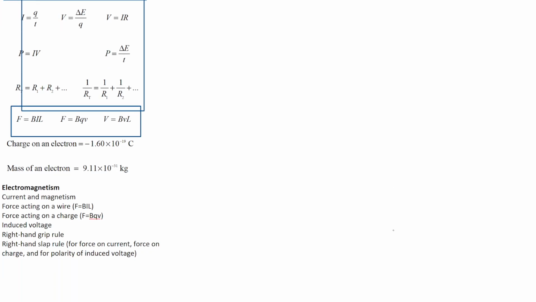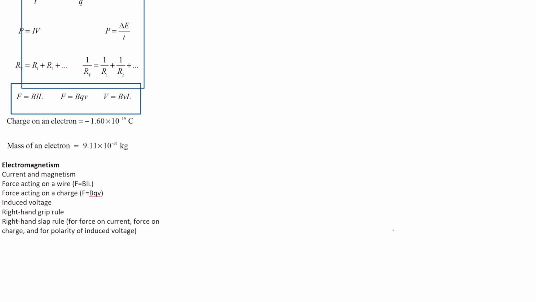So the main topics, again disclaimer, not all of the topics, but the main topics within electromagnetism are current and magnetism, and how they're related through the right hand grip rule; force acting on a wire, F equals BIL; force acting on a charge inside a magnetic field, F equals BQV; and induced voltage, V equals BVL.